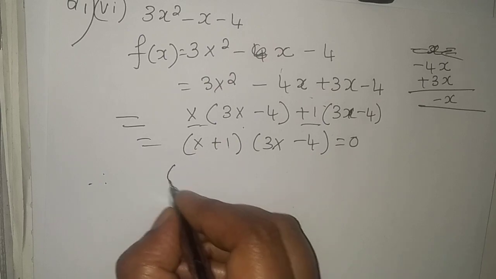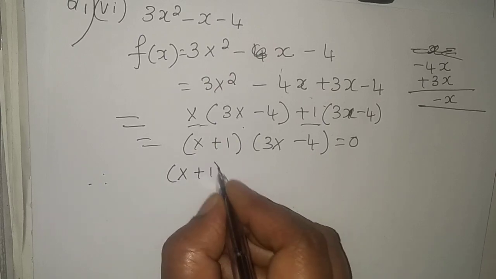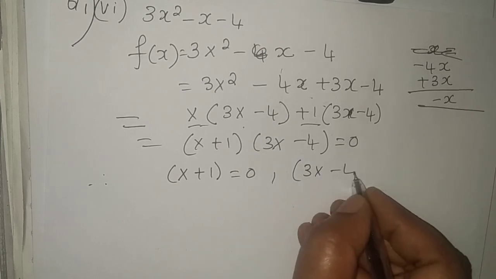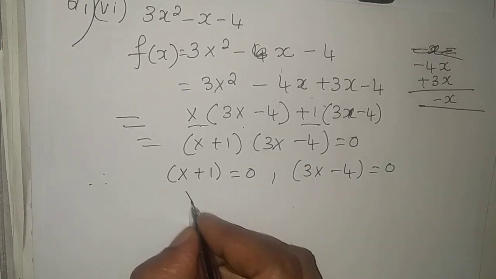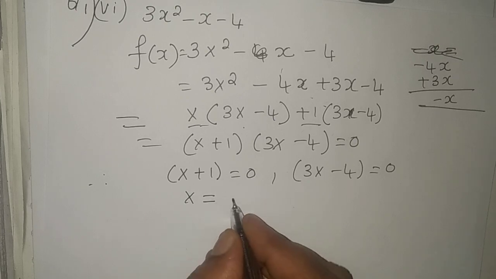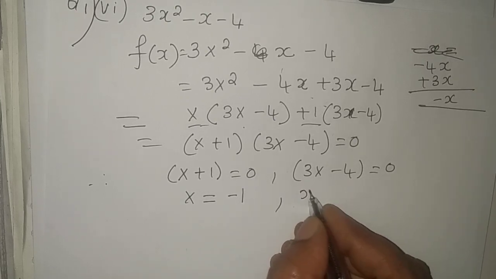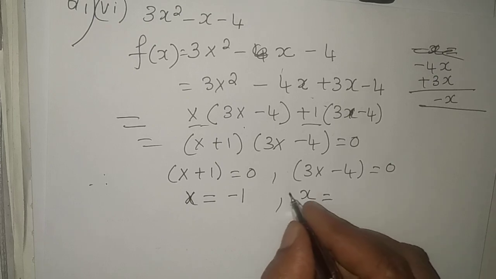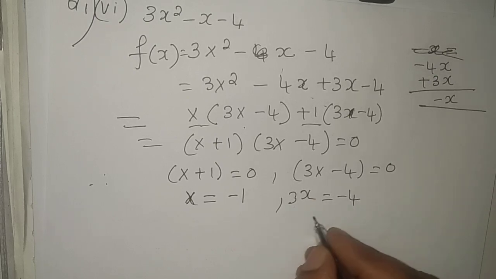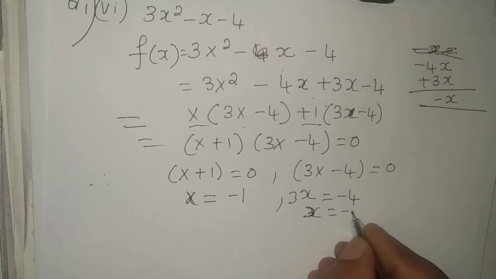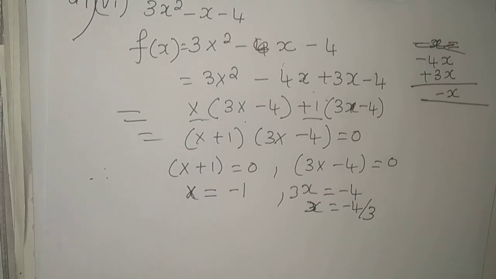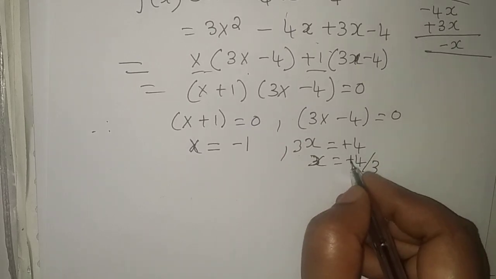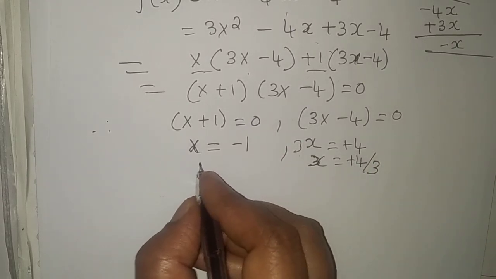Therefore we can equate: x plus 1 is equal to 0 and 3x minus 4 is equal to 0. Therefore x is minus 1, and x is equal to 4 by 3.